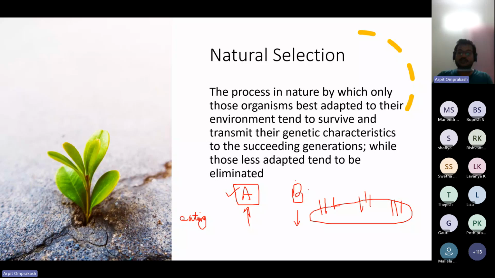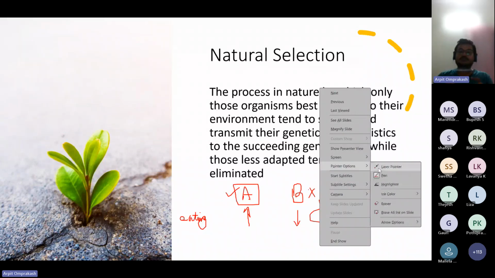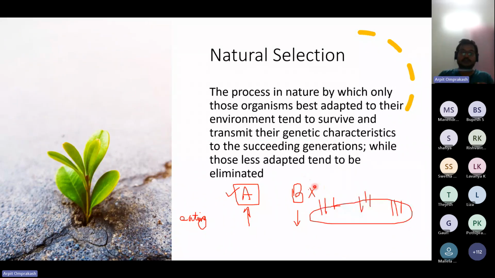So eventually species B is fully wiped out, whereas we have only species A in the place, which is better adapted for that environment because it can eat grass faster than the other species present in that environment. Okay, so there are 5 steps in natural selection.